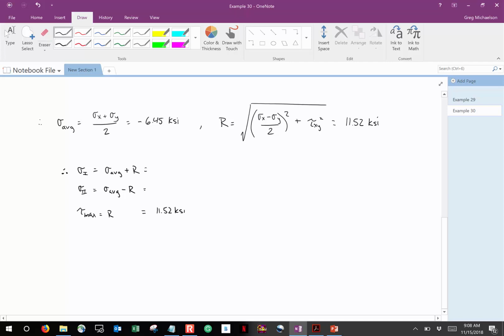So sigma 1 is 5.08, and sigma 2 is minus 17.97.